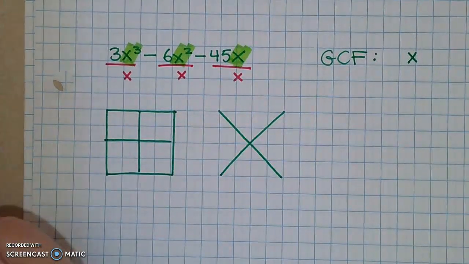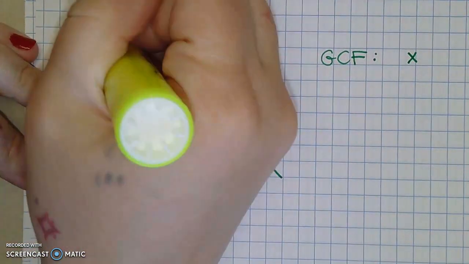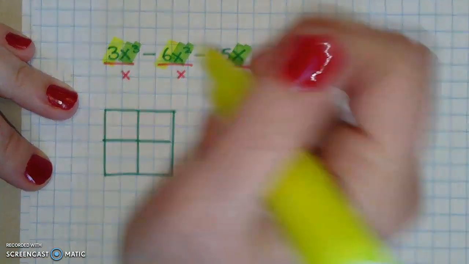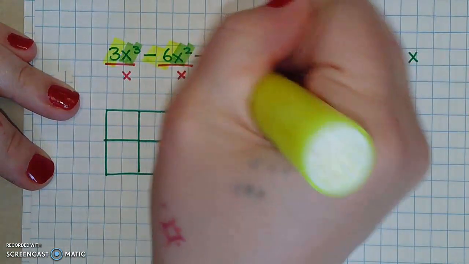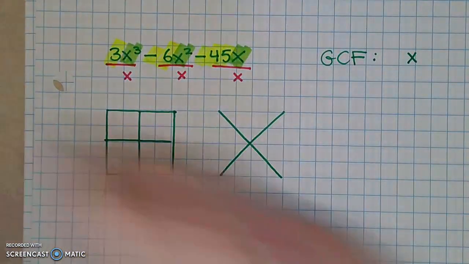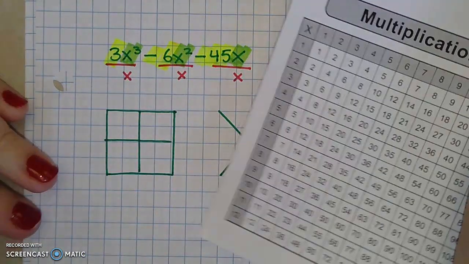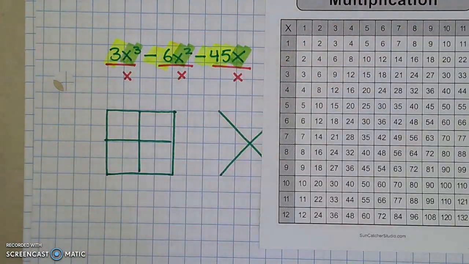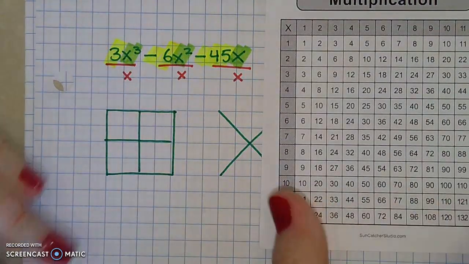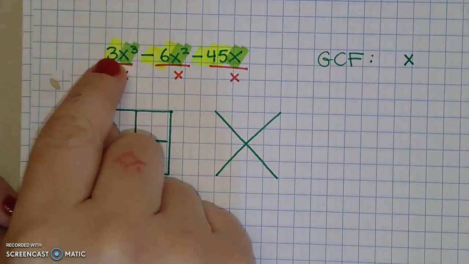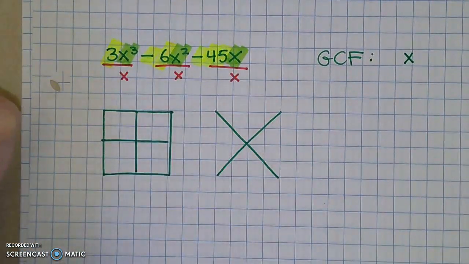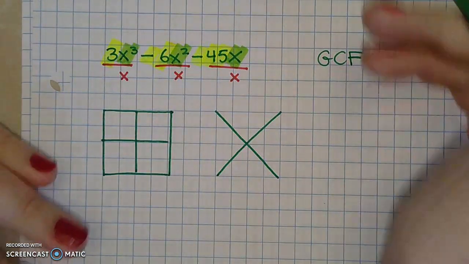Now there is one more thing to it. There's actually a number as well. I notice a 3, a 6, technically a negative 6, and a negative 45. If I check out my multiplication table, I notice this is not quite big enough, but I notice that 3, 6, and 45 are all divisible by 3.